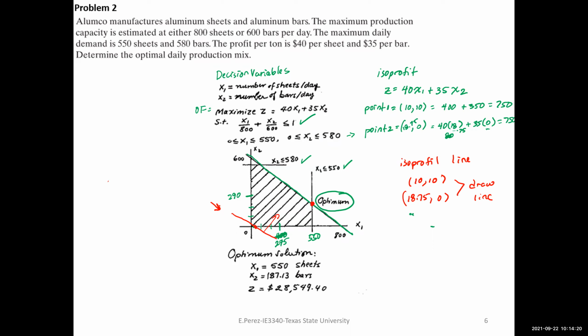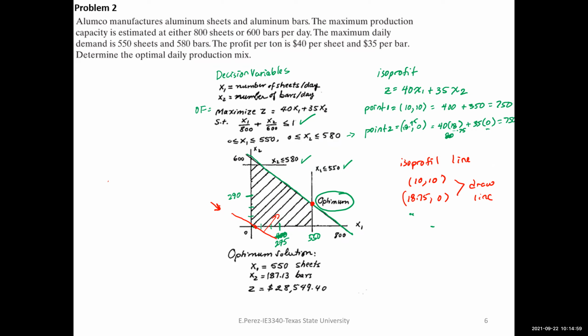So it's usually the profit per ton is $40 per sheet and $35 per bar. So each one ton. Okay, I see what you're saying. So the price is depending on how many tons you're selling, right? Is that what this statement is saying? Profit per ton is $40 per sheet and $35 per bar.